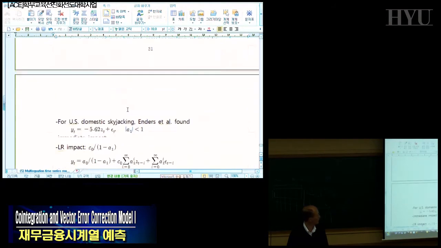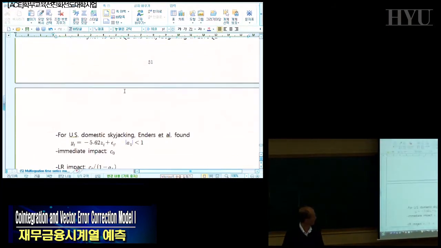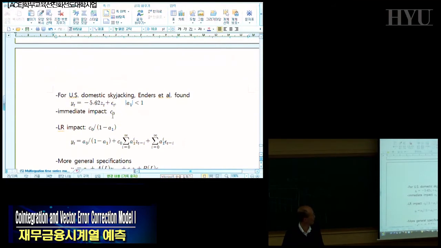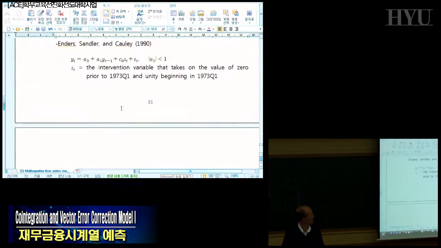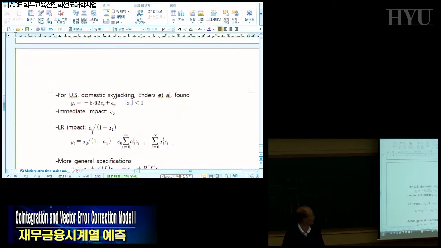But you know, in general, these numbers could be all significant, right? Then the interpretation is immediate impact is measured by C0. So introduction of metal detector immediately influenced this one, right? Number of hijackings. How about other parameters? If you actually calculate C0 divided by this, then you know cumulatively it's affecting in the long run this variable.